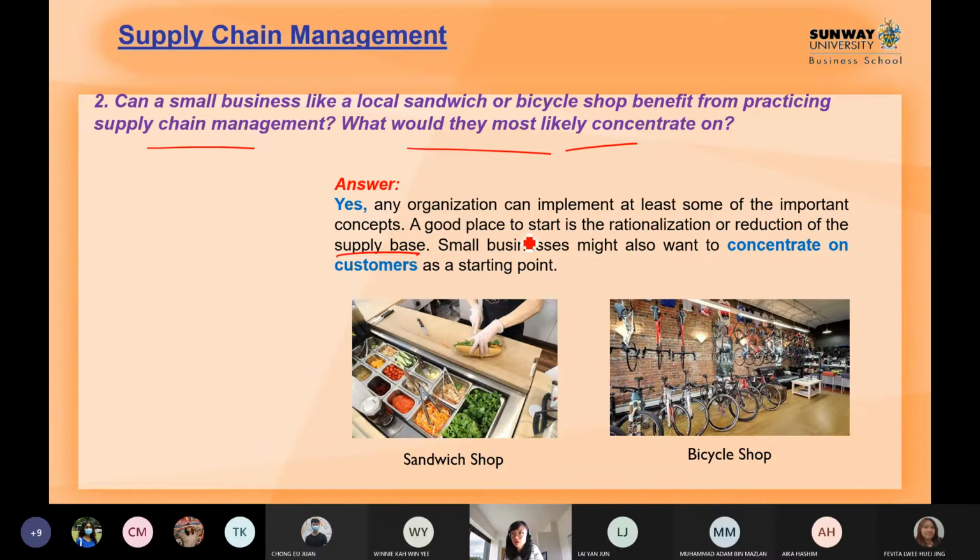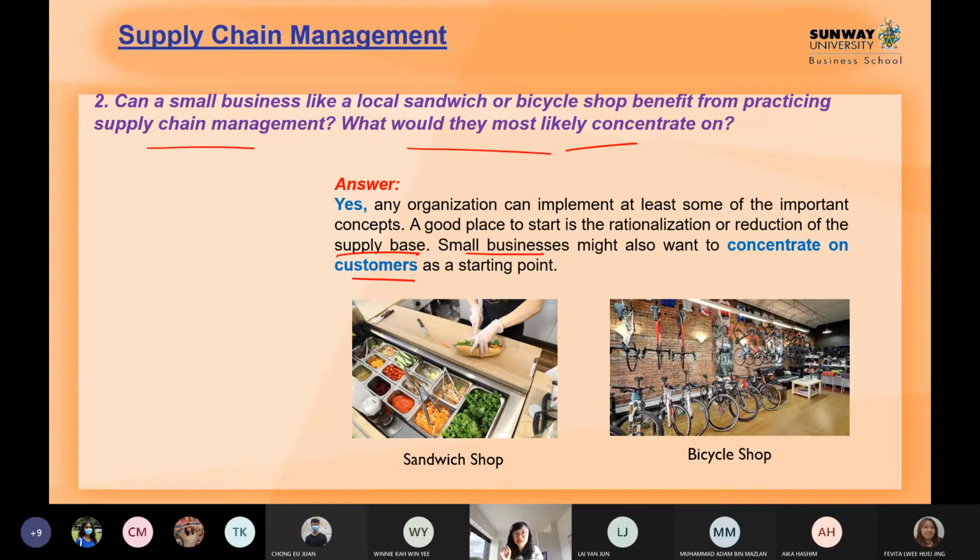Small business usually focuses on customer service. So that's why when you go for nasi lemak, you will go and buy every day. Why? They know it suits your taste. You are a repeat purchaser. This is related a little bit with the services. Maybe they give you more sambal, more rice, or reserve for you.